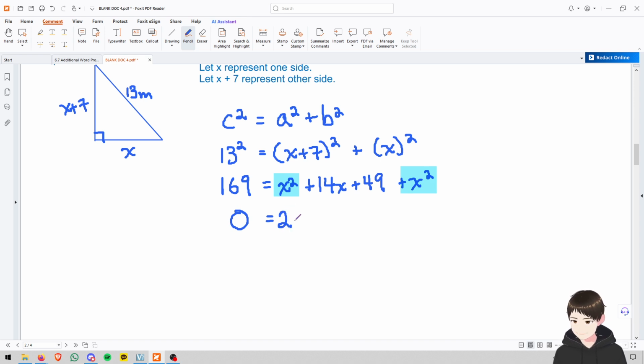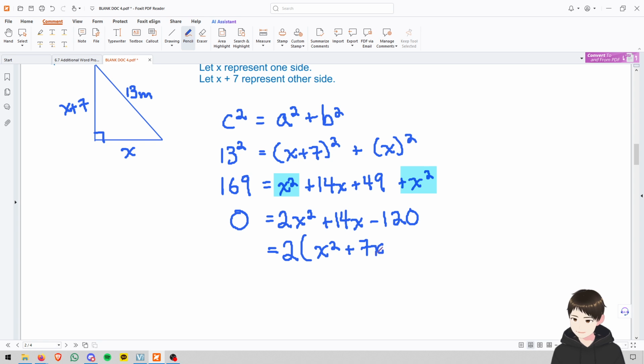X squared plus x squared is 2x squared. 14x is here. And then subtract both sides, we get negative 120. These numbers don't look fun. I'm going to see if I can factor out the 2, giving me x squared, 7x, negative 60.